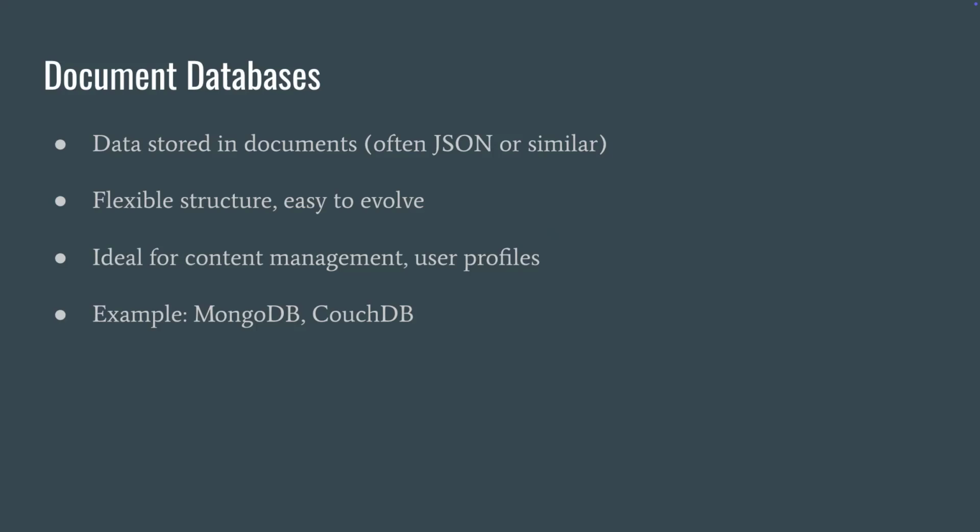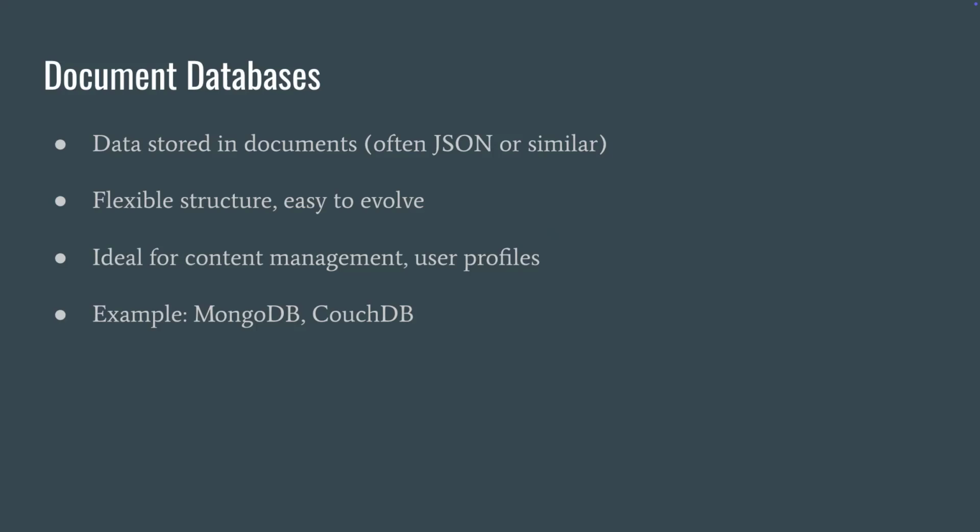MongoDB is a really popular prime example of a document database, and it's frequently used for content management systems, real-time analytics, mobile apps, and e-commerce platforms. CouchDB is another well-known document store that uses JSON, and it has a really nice replication feature.